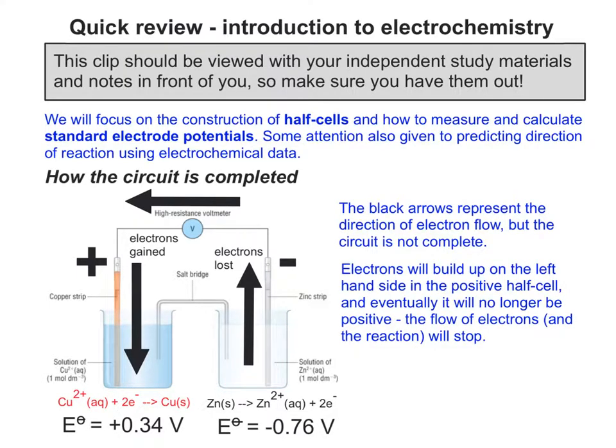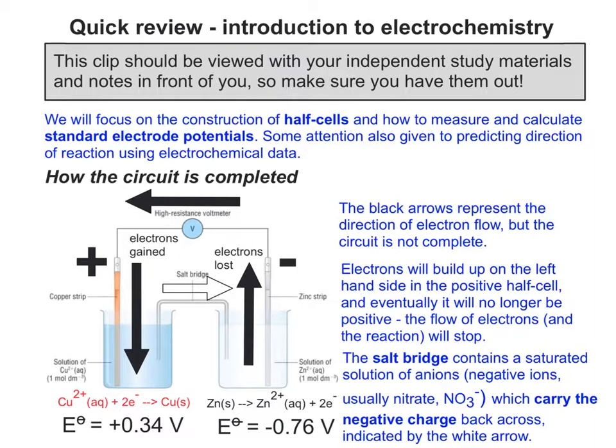If this is allowed to continue, eventually the electrons will build up on the left-hand side. They'll simply transfer from the zinc side to the copper side. That means the copper half cell will no longer be positive because it's having a build-up of negative charge. So the flow of electrons and the reaction, therefore, will stop.